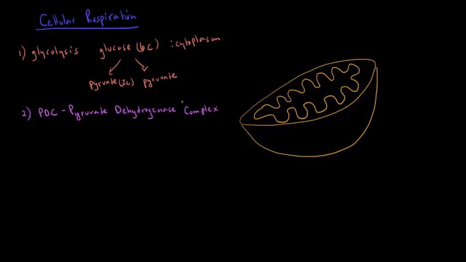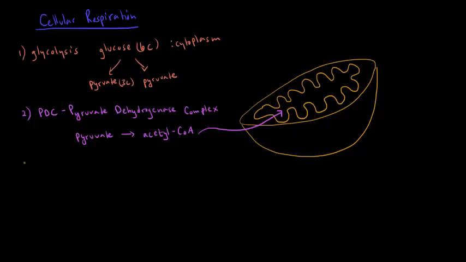During the PDC, pyruvate, and remember we have 2 of them, gets converted to a molecule known as acetyl-CoA. You may recognize acetyl-CoA as the molecule that enters the Krebs cycle, and the PDC happens in the matrix of the mitochondria. All the enzymes that are involved in the PDC are found in the matrix, of course, as well.